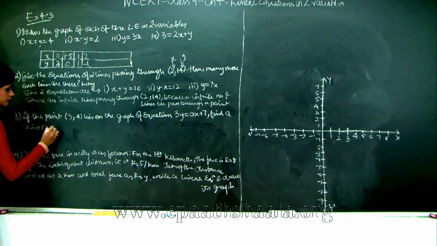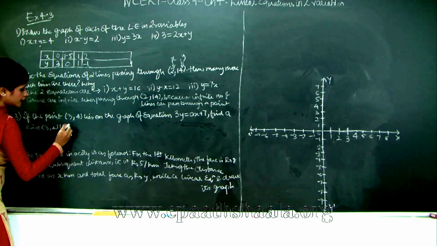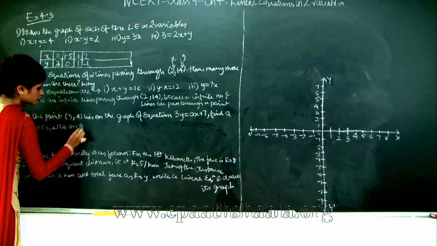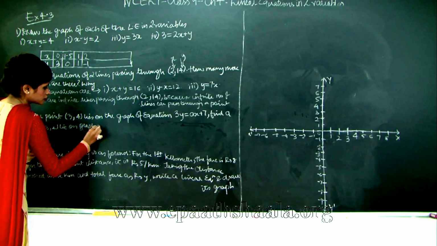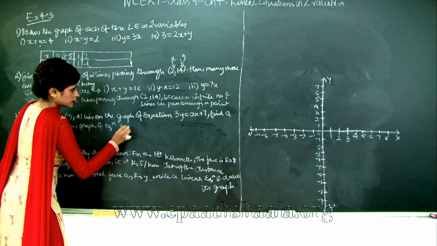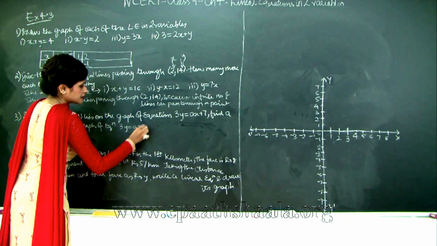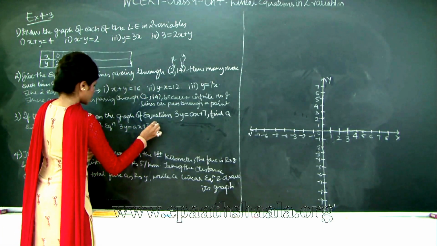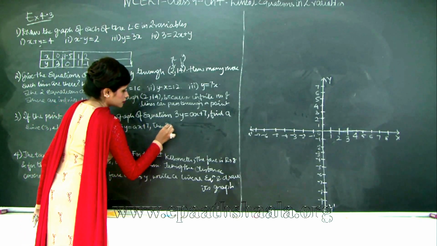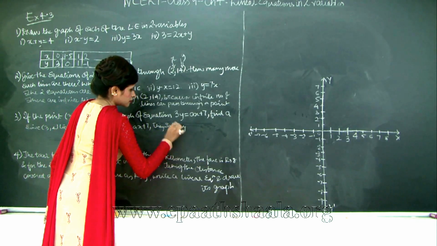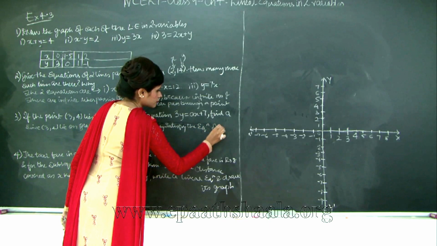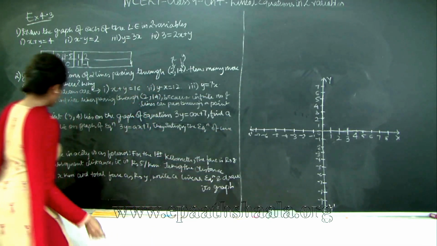So first of all I am going to say, since (3, 4) lies on the graph of the equation 3y is equal to ax plus 7, they satisfy the equation of the line, right?